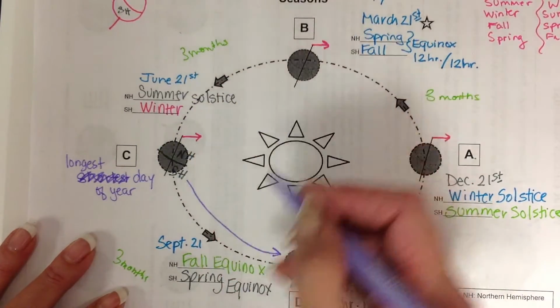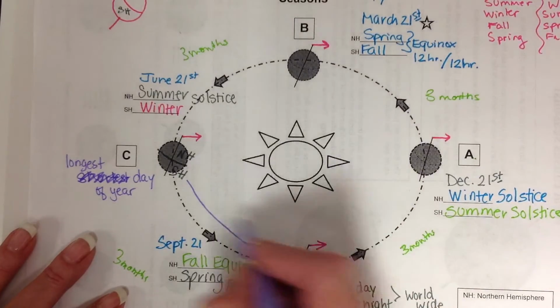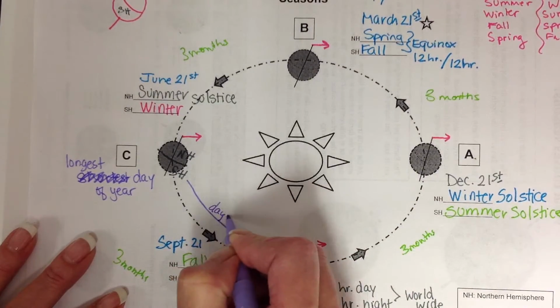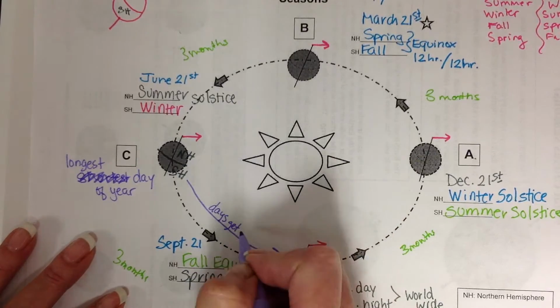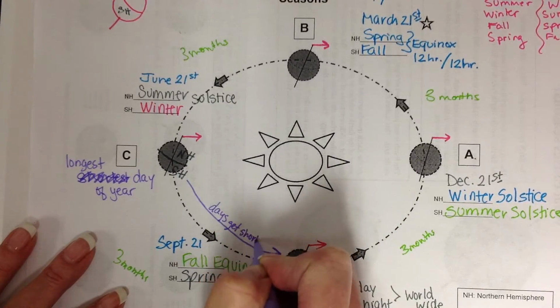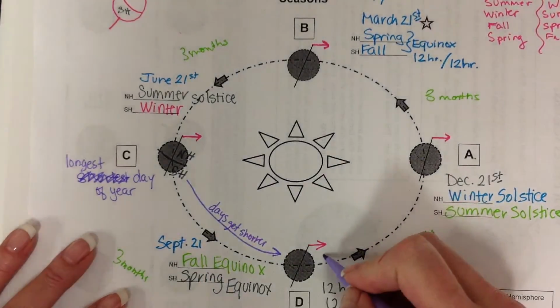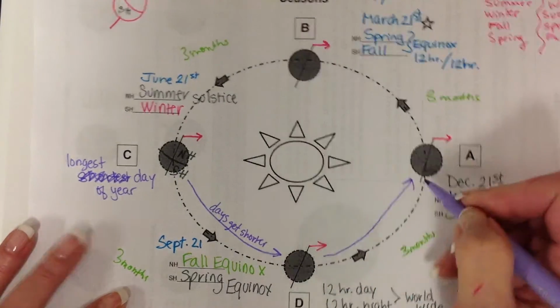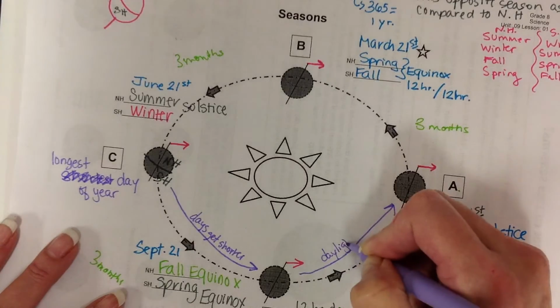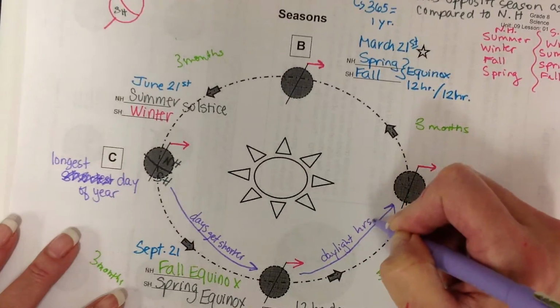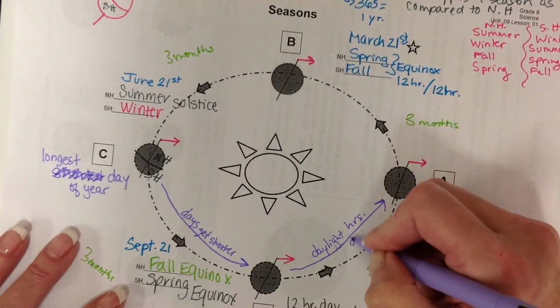Summer, longest days. When we move towards fall, the days get shorter, meaning the hours of daylight get shorter. Moving towards winter, they get even shorter. Daylight hours decrease.